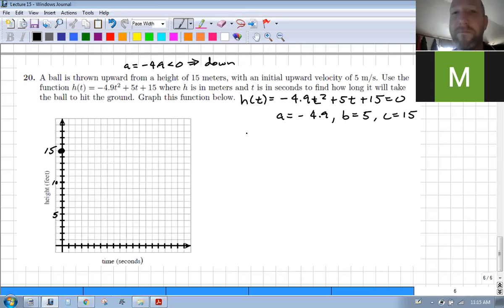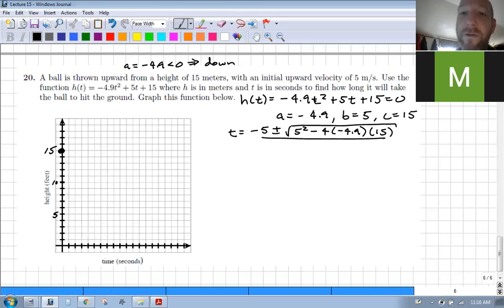So we have T is negative B plus or minus the square root of B squared minus 4AC, all over 2A. So we have negative 5 over 4.9 times 2, would be a 9.8, plus or minus the square root of 25, minus is a plus.